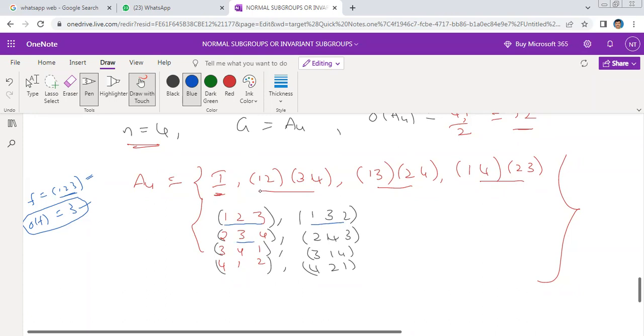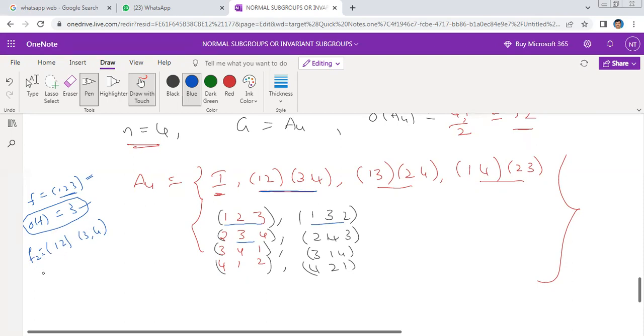What is the length of this permutation? Can anybody say? 4. Very good. 4 or 2 now? These are two 2-cycles. 1 2 and 3 4 are distinct cyclic permutations. Suppose f2 is equal to 1 2 3 4, disjoint cyclic permutations.